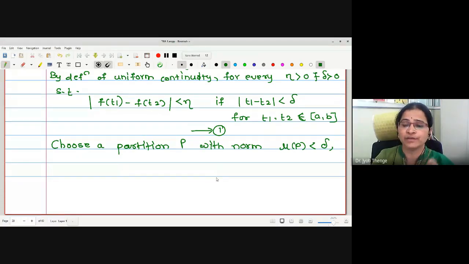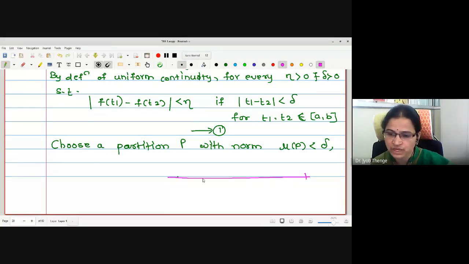If the length of every subinterval is less than delta, then if I select any two points in the interval, this condition is going to be satisfied. This is the partition we are selecting, and this is the length of the largest subinterval, say delta. All the remaining subintervals will also have length less than delta.